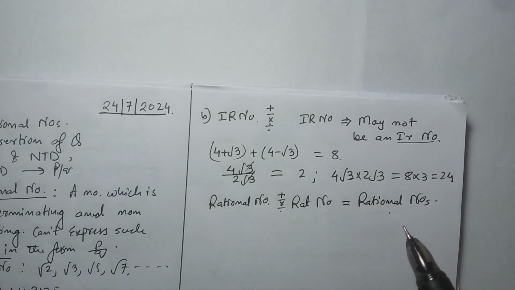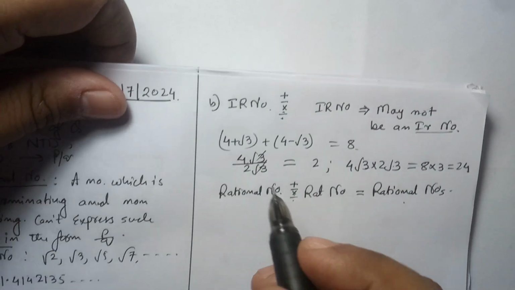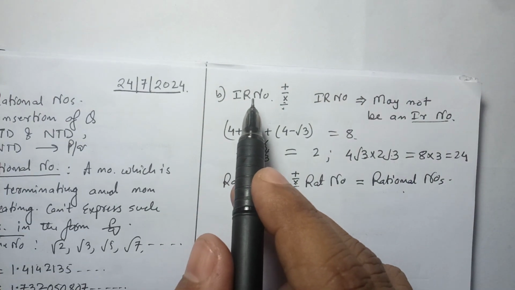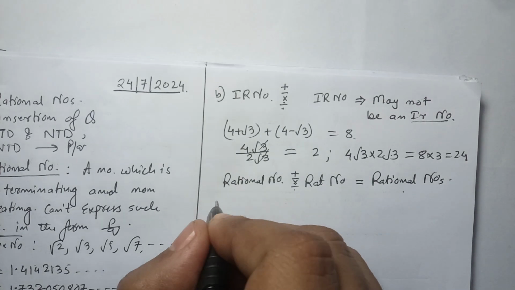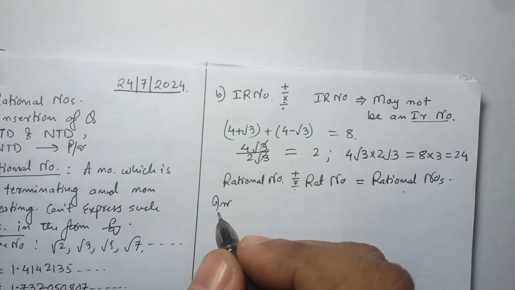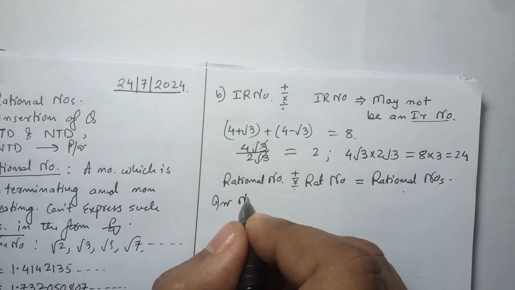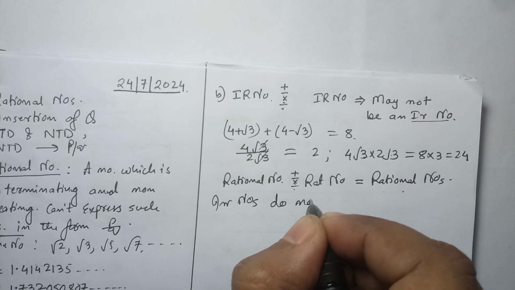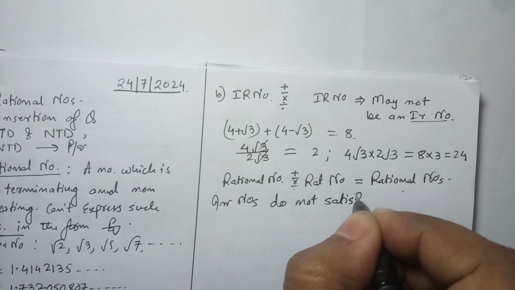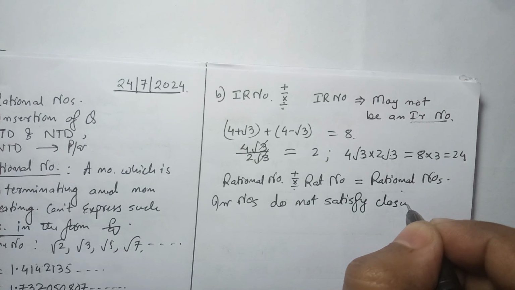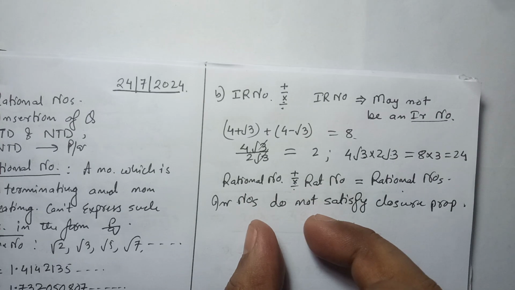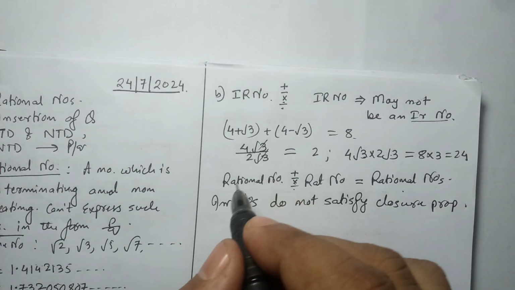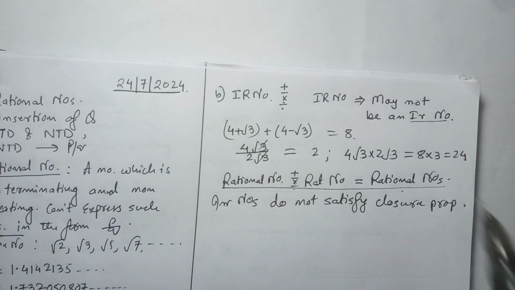Therefore, we say that irrational numbers are not closed, or they do not satisfy the closure property. That means if I add two irrational numbers, I am not sure that I will get an irrational number, whereas that is not the case for rational numbers.